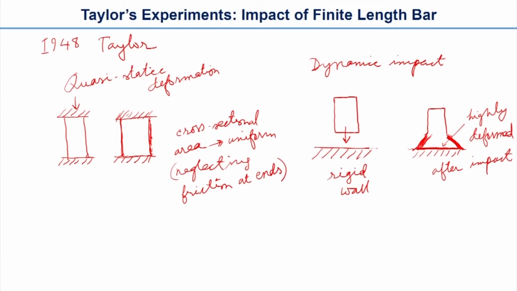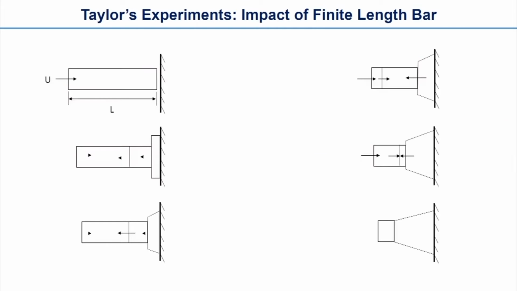So Taylor described the test as a sequence of elastic and plastic wave propagation. You will see the sequence here. Suppose this is the rigid wall, and the first case is prior to impact. Let's assume these are cases number 1, 2, 3, 4, 5 and 6.